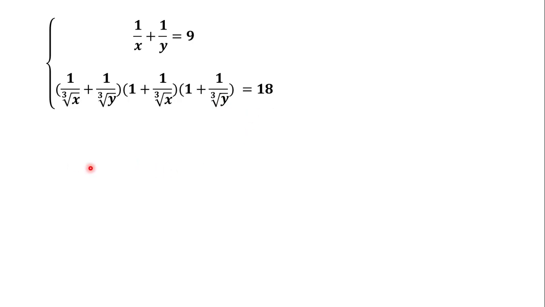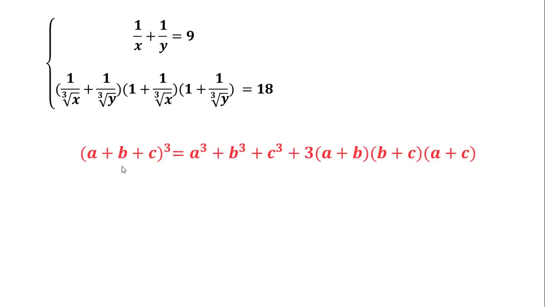In the first step we can use this algebraic identity: (a plus b plus c) all to the power 3 equals a cubed plus b cubed plus c cubed plus 3 times (a plus b) times (b plus c) times (a plus c).